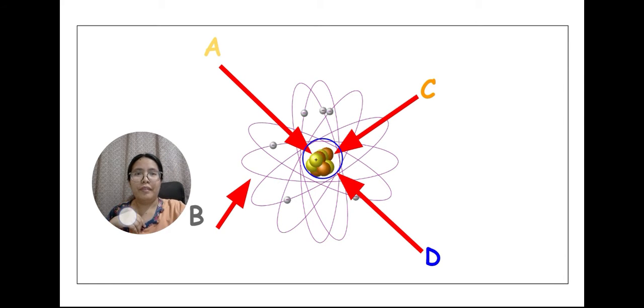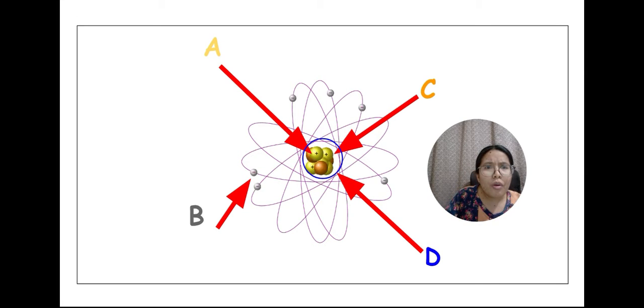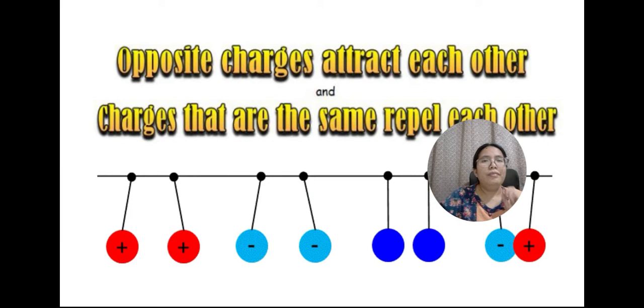Very good. And then letter C, ito naman yung katabi ni proton sa loob. Ano nga yung katabi ni proton sa loob? We have the neutrons. Very good. And then lastly, ano yung part dun sa gitna kung saan magkasama si protons and neutrons? We have the nucleus. Okay. So, good job.